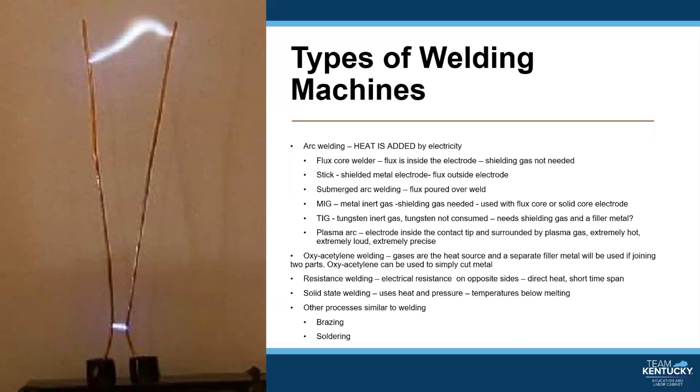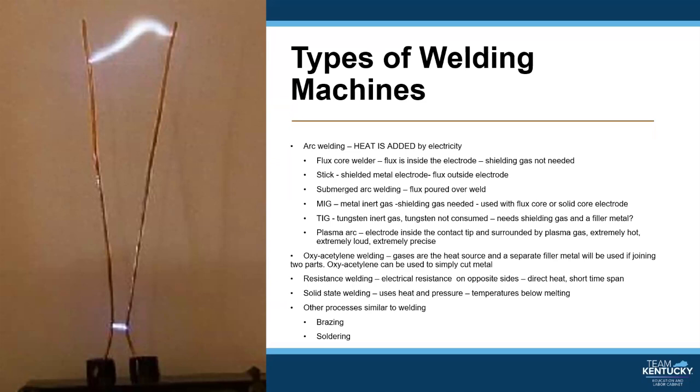Next, there is submerged arc welding. This is usually done on a flat surface because in this process, powdered flux is poured over the weld during the welding process. It produces the third most amount of welding fumes. Next on the list is MIG welding. In this process, shielding gas is needed.